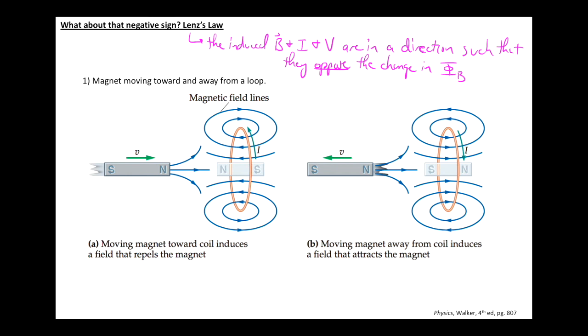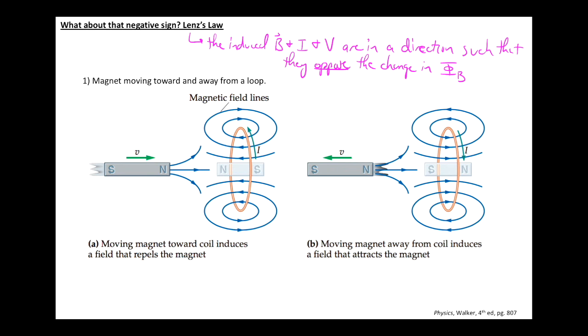The induced things, magnetic field, current, and voltage, are all in a direction, in agreement with each other, such that the change happening in magnetic flux is trying to be canceled out. It's opposing the change. It doesn't like the change.